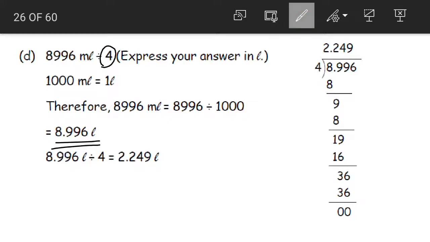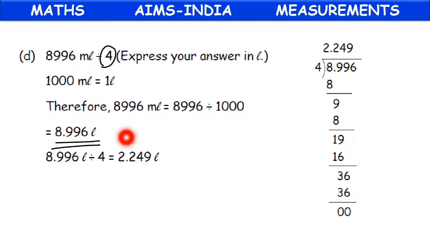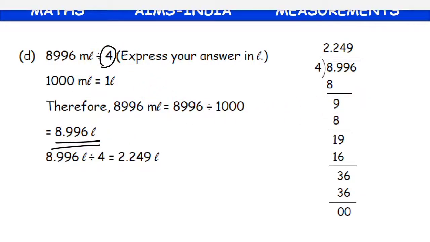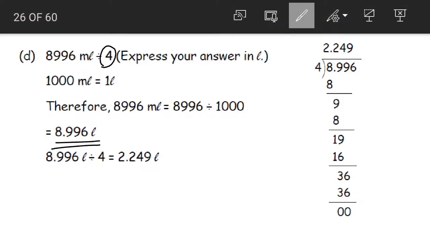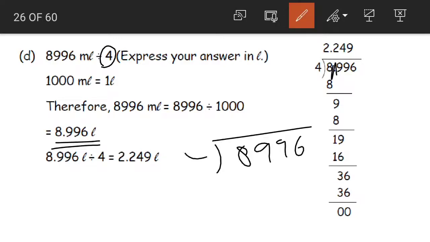Now these liters we have to divide by 4. How do you do that division? Again, we are dividing a decimal number by a whole number. How do we divide, children? We divide normally. We will not consider this decimal point. We just divide 8996 by 4, and in the quotient we place our decimal point.